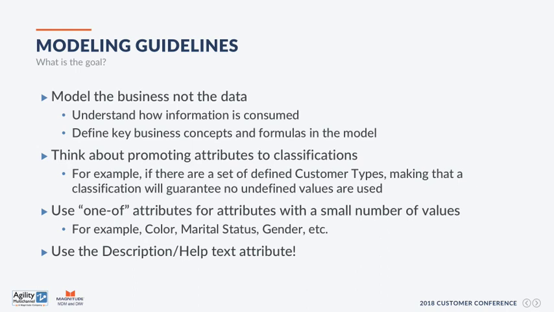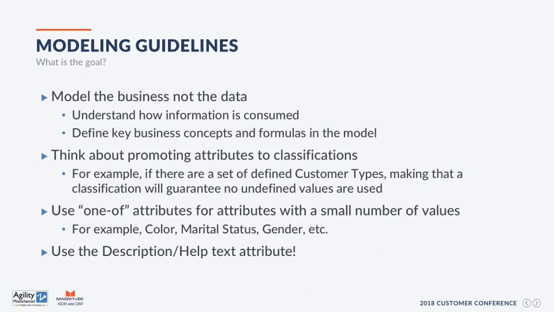You can use one-of attributes to actually embed a small number of values within the data itself. For example, if you have products that only have 5 colors, well, rather than creating a separate set of data records for each of those 5 colors, you can insert them as one-of attributes within the model itself.